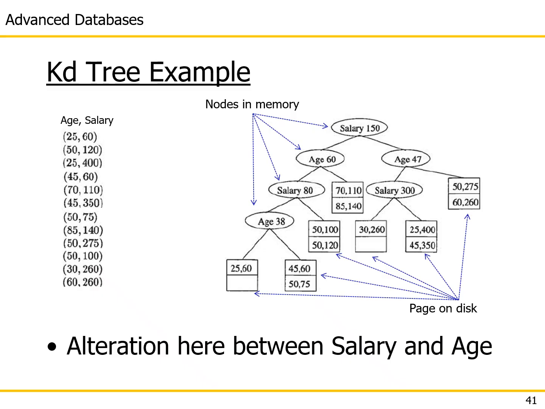If I go left from the root, salary is less than 150, and if I go left of age 60, age is less than 60. So now I'm standing at age less than 60 and salary less than 150. We are applying the binary search tree invariant, but one level at a time.